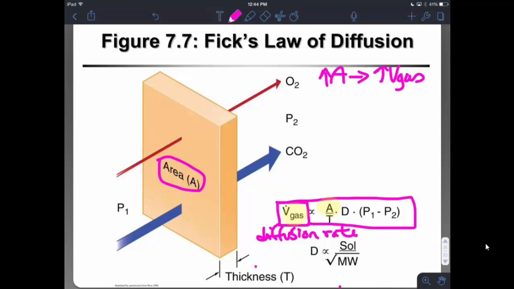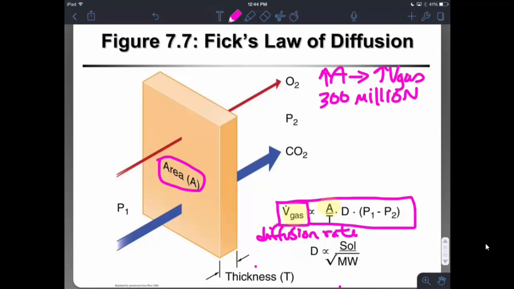If you have more area to diffuse across, you can get more simultaneous diffusion, and therefore diffusion can happen very quickly. Remember that I told you that our lungs are made up of 300 million air sacs called alveoli. If the lungs were just two big air sacs and you were to open them up and lay them out, you wouldn't have a whole lot of diffusion area.